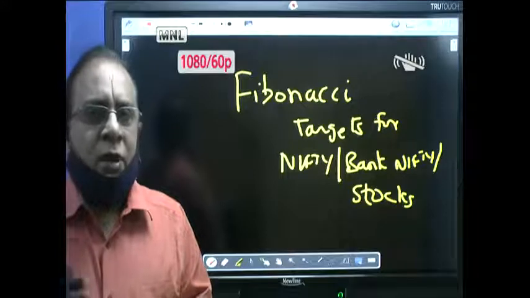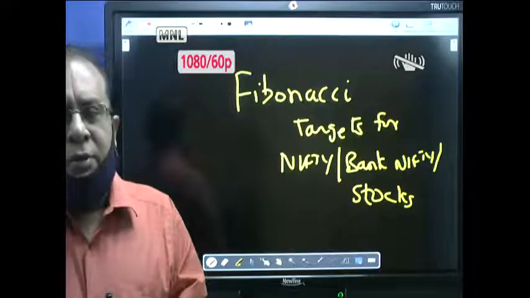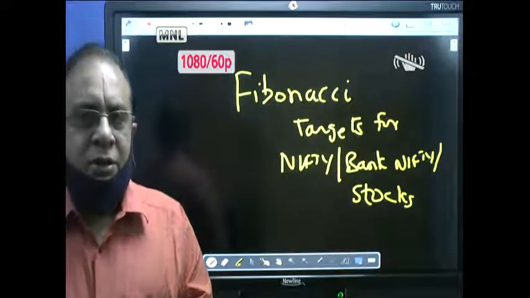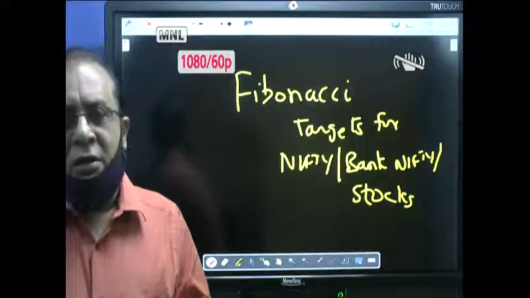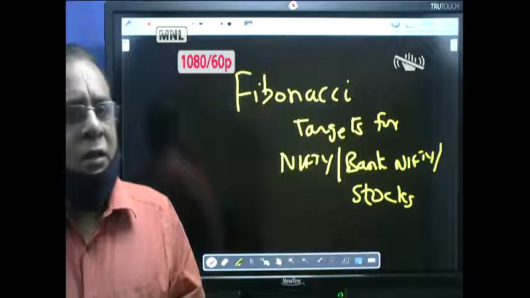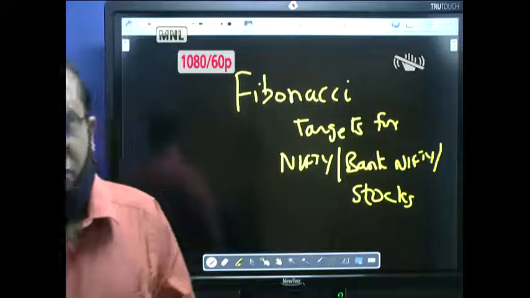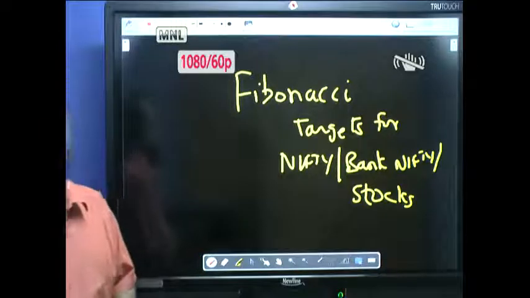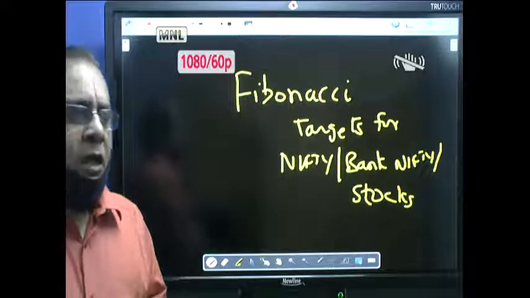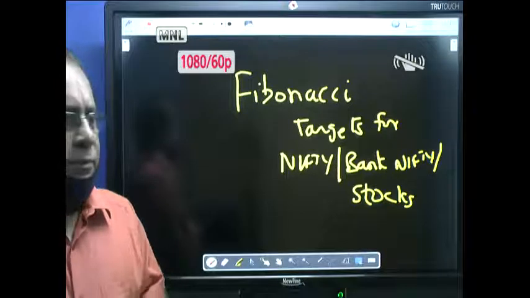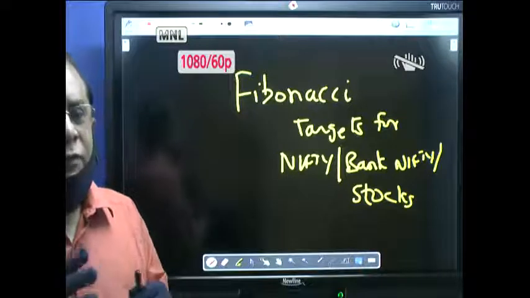If you are an intraday trader or want to shift positions more frequently, then use hourly. And if you are a pure intraday trader, you may even use 15 minutes. So the time frame depends on what type of trader you are and how much quantity you are doing. Now first let us look at the big picture using Fibonacci targets.